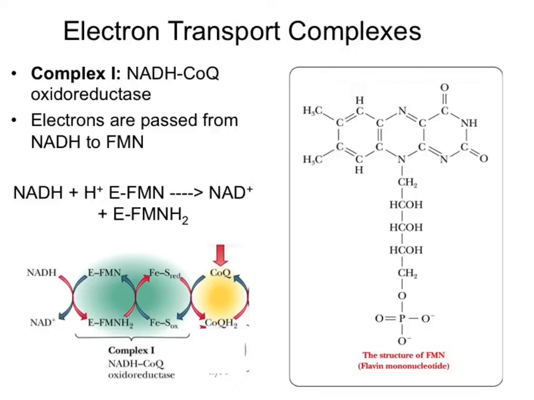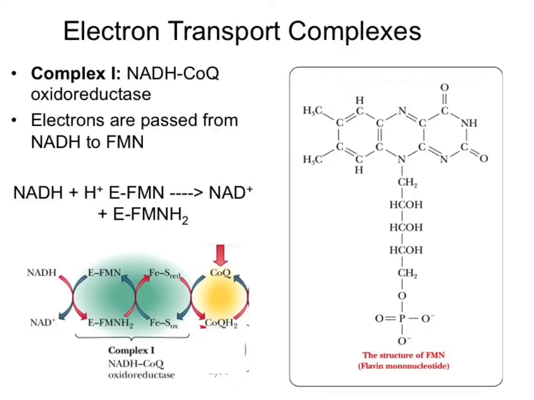So a lot of the enzymes we're going to be seeing have some kind of oxidoreductase name associated with them. Ultimately, your approach is shown nicely in the summary that the textbook has provided. Your NADH shuttles electrons into FMN. FMN is a derivative of FAD.